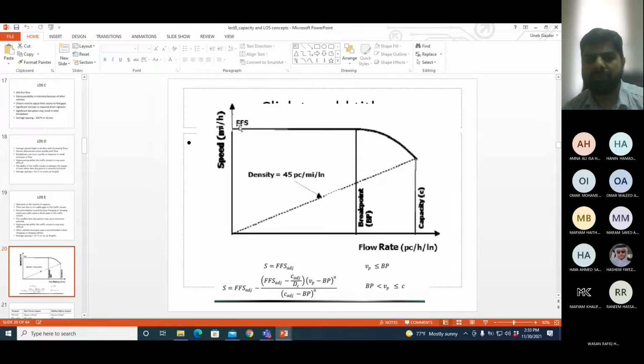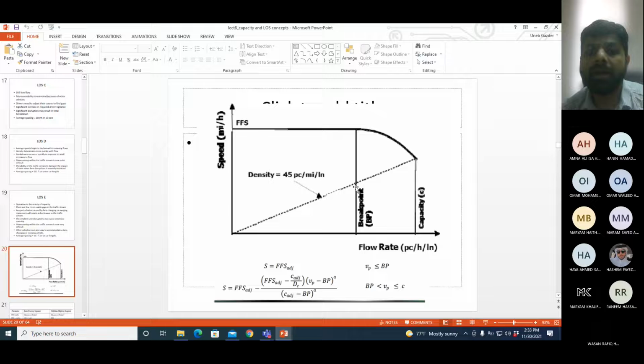So you can see when you go from 0 up to BP, the breakpoint, the speed is a constant value. What is VP? VP is the actual flow rate on the road. So from 0 to BP, the speed equals free flow speed.